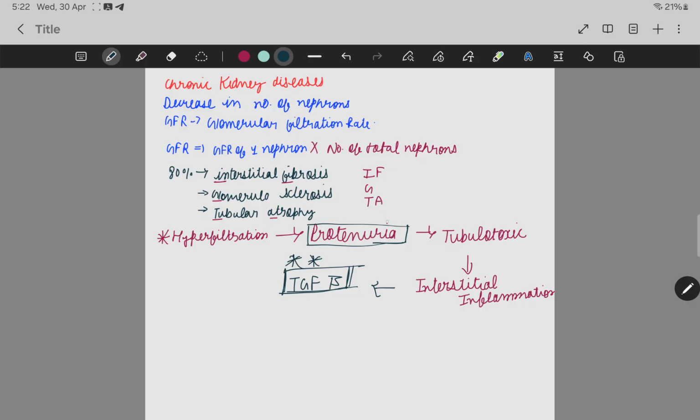We have to remember two things: proteinuria and this TGF beta. And this finally results in fibrosis.